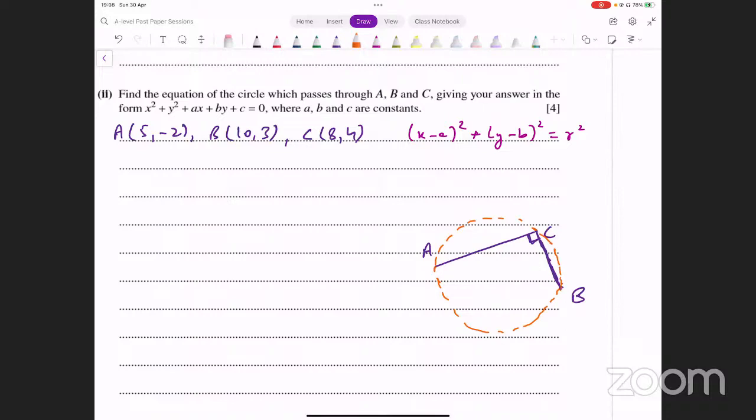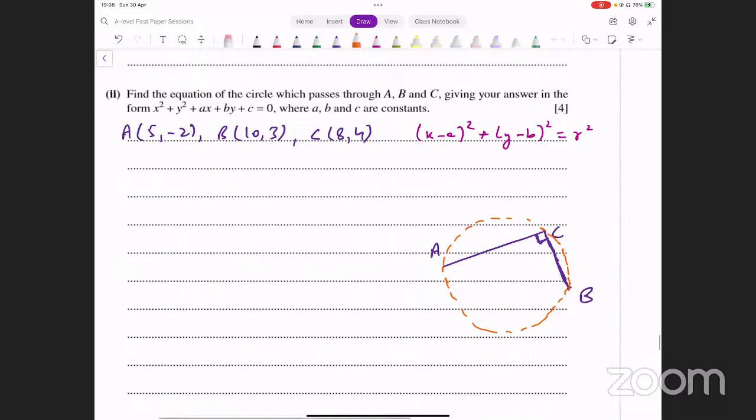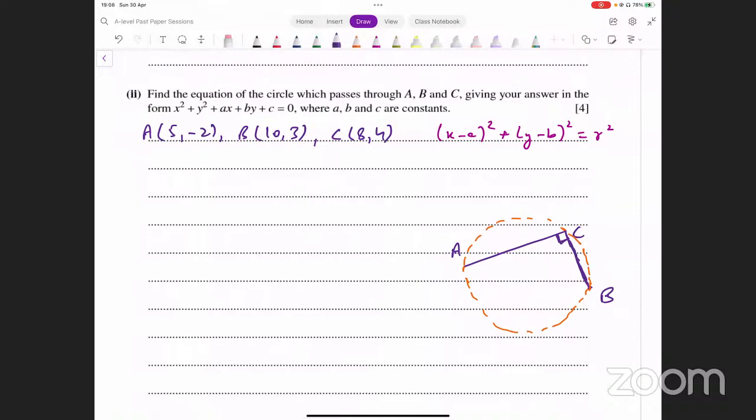Now, how do you find the equation of the circle? अब देखें, 90 degrees का angle should remind you of something. तीनों पॉइंट सर्कल के ऊपर लाई करते हैं, सर्कमफ्रेंस पे लाई करते हैं, 90 डिग्रीज का एंगल बना रहे हैं। Does that remind you of a circle property that you have? Remember, diameter जो होता है वो 90 degrees बनाता है circumference के ऊपर, and any other chord in a circle cannot make a 90 degrees.